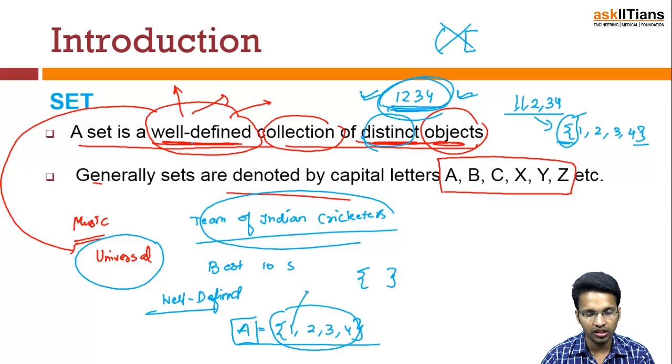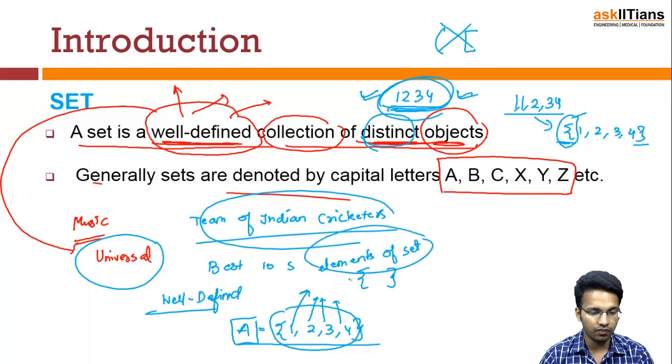Now each object of a set is an element of the set. All these are called elements of the set. And again, the elements are mostly represented, by convention, by small alphabets. If I want to say that this element is a part of this set, there is a symbol for that which means belongs to.